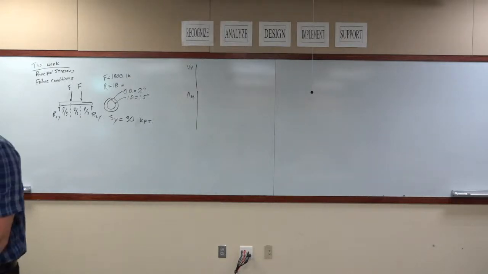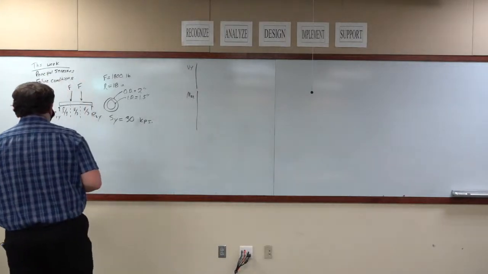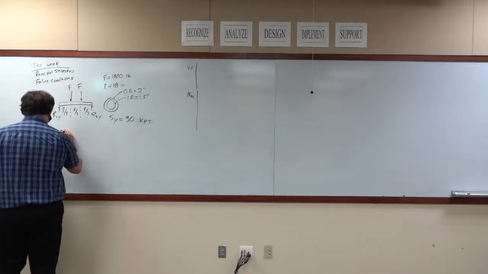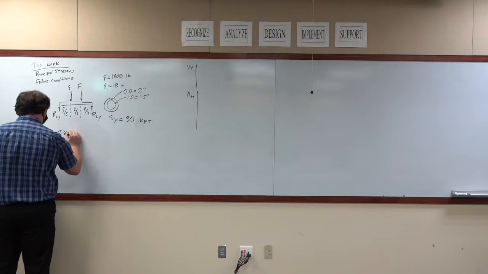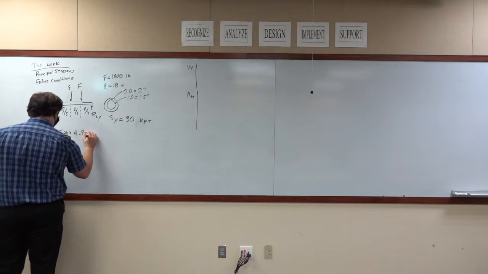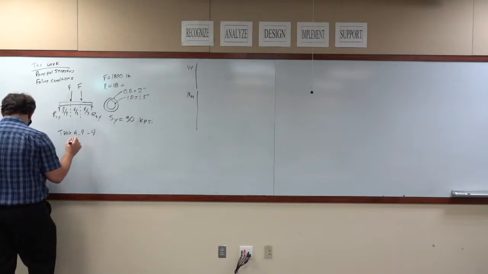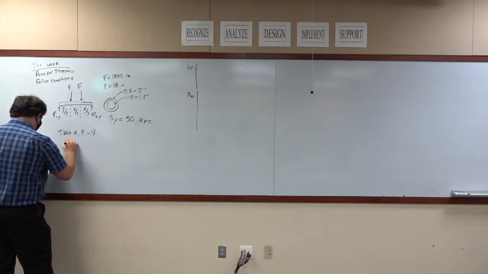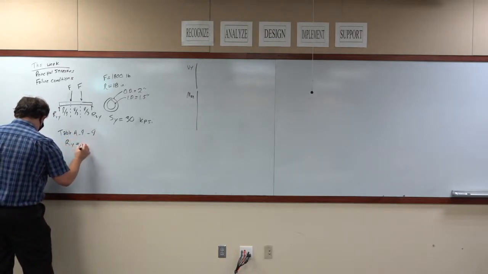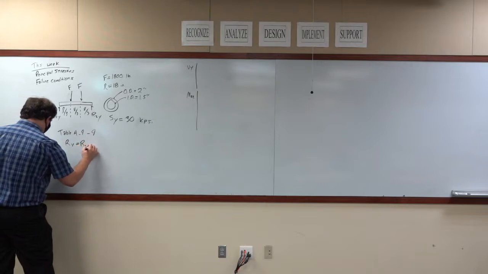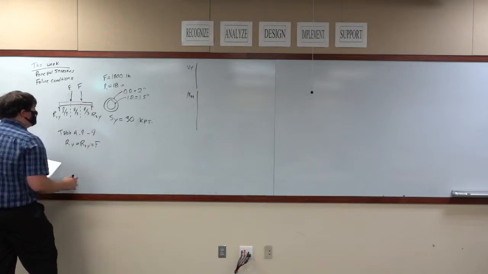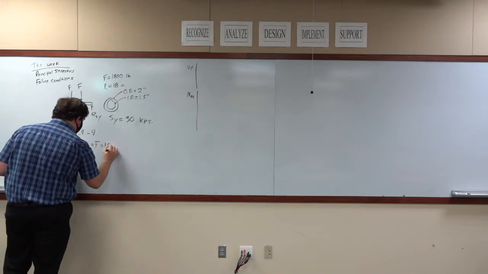So, yep. Table A9, section 9. This says that R1y is equal to R2y, which is equal to F, which is equal to 1,800 pounds.